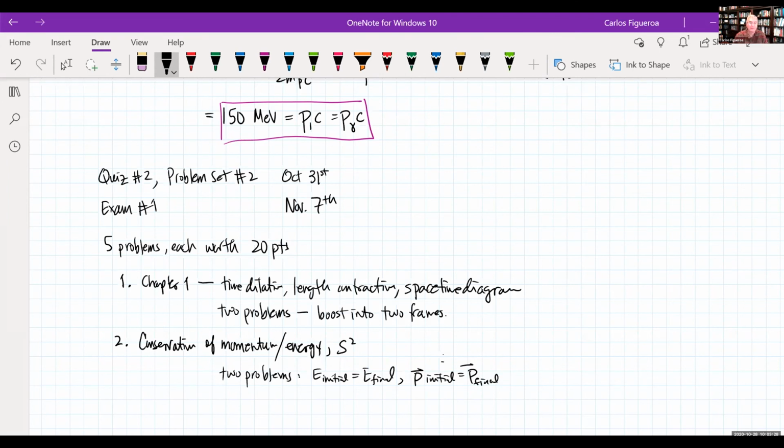No choice in the matter. If you try to use the S squared, it's going to cost you so much that hopefully you figure it out and you back out. And then I'm going to ask you to use the S square invariant, because it's all about using that for energy. So you should expect a combination of massless and massive particles.